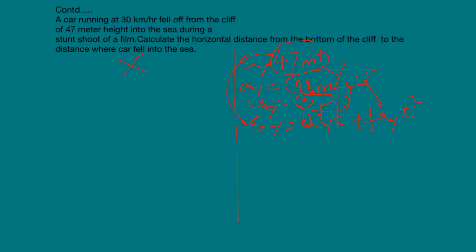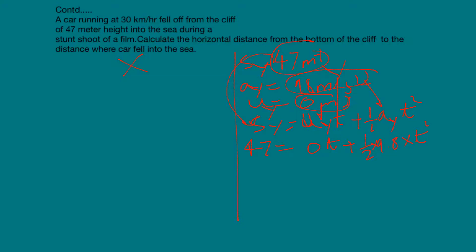So sy means 47 equals to, so you can see here for this it is 0, so 0 multiplied by 0 means time will also become 0. So 0 into t plus half gt square, half into 9.8 meters per second square, into t square.